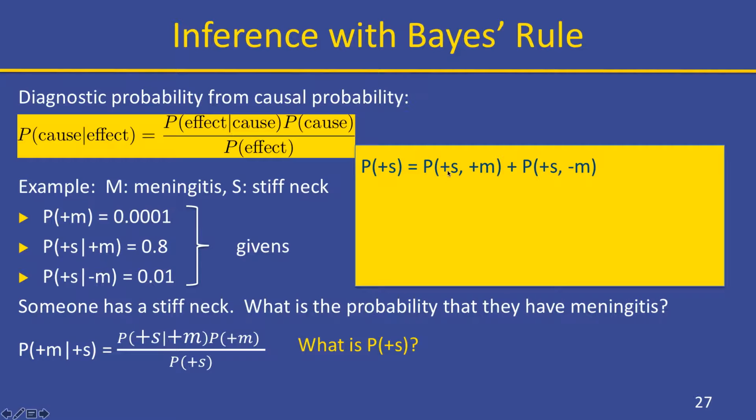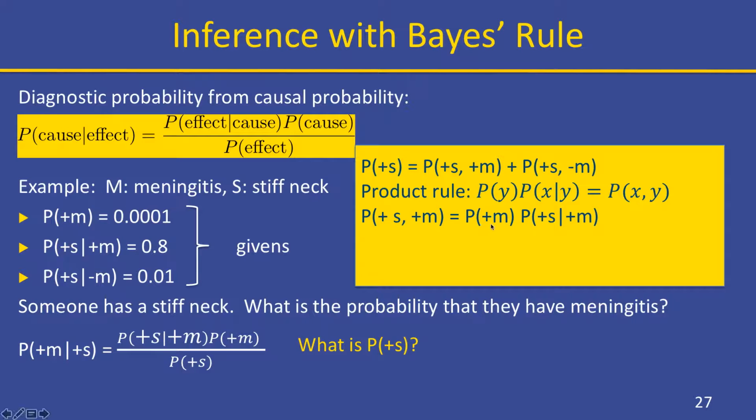So what is P of plus s plus m? We don't have that joint probability, but we have the product rule. By the product rule, P of plus s plus m is equal to P of plus m times P of plus s given plus m. Similarly, P of plus s minus m is equal to P of minus m times P of plus s given minus m.